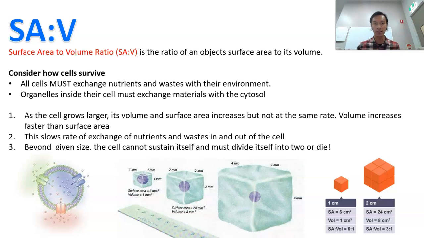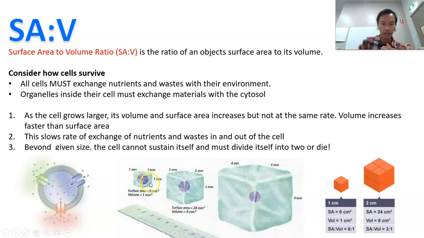Beyond a given size, the cell can't sustain itself, and it either has to divide into two or it will die, right? So if you think about the shape of the cell, all of that material that goes in and out of the cell needs to move somewhere, and the bigger the cell gets, the more distance it needs to move, right?